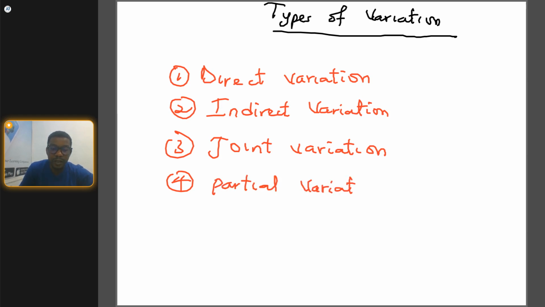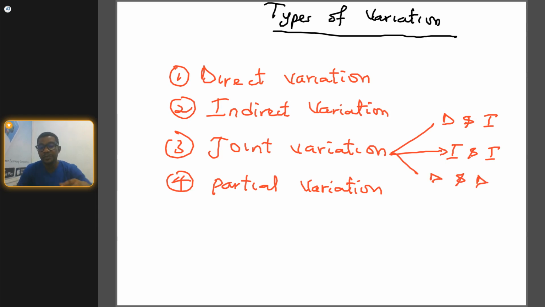So under joint variation, we can have direct and indirect, indirect and indirect, or direct and direct. Joint variation means where we have the combination of both the direct variation and the indirect variation.